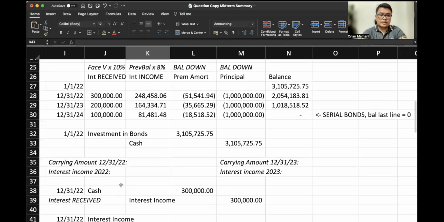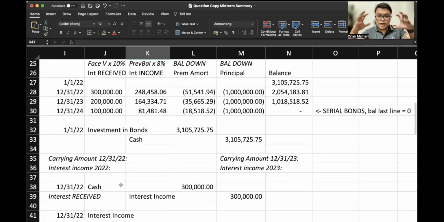And notice, right? Indeed, when you combine the interest received and the amortization, whether it's a premium or a discount, you would always come up with the interest income. 200 minus 35, 164. 100 minus 18 is 81, right? If it is a discount, interest received plus discount amortization is equal to interest income.